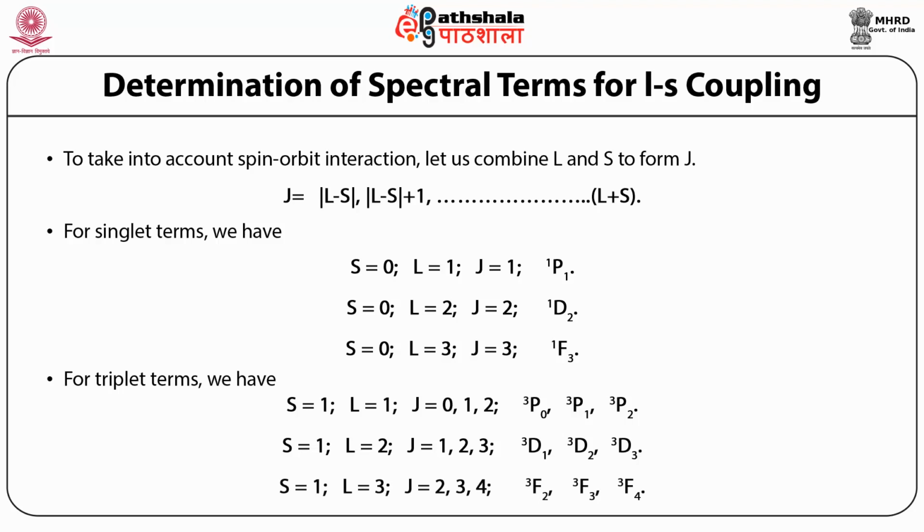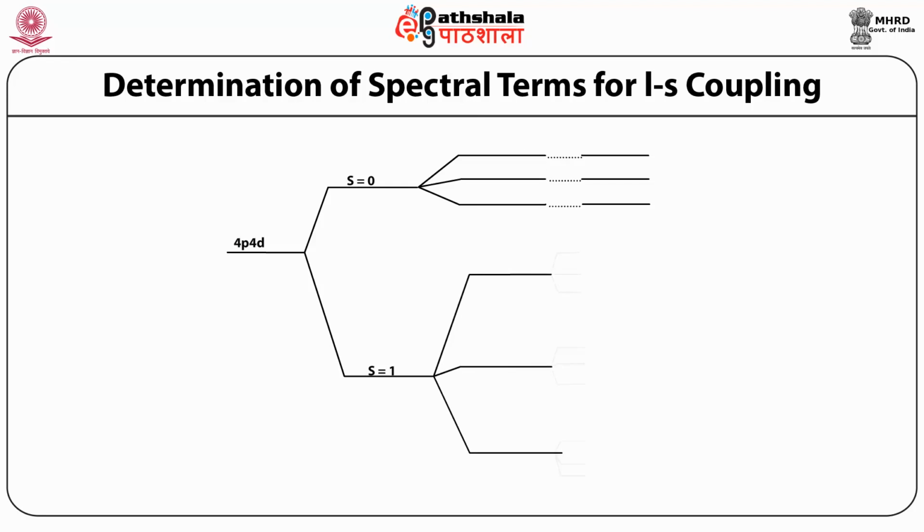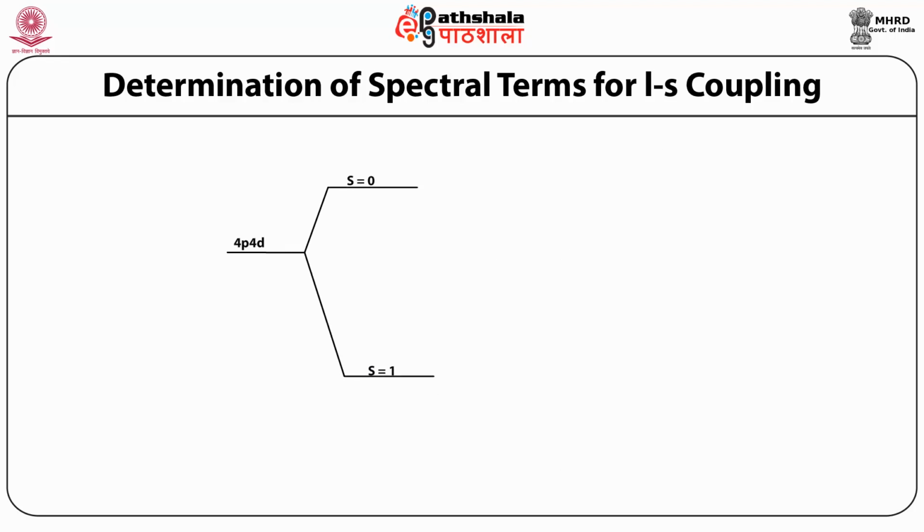Similarly, S equal to 1, L equal to 3, J equal to 2, 3, 4, we get 3F2, 3F3, 3F4. This can be visualized in the figure given below, that is how we get the P, D, F, 3 singlet and 3 triplet terms.